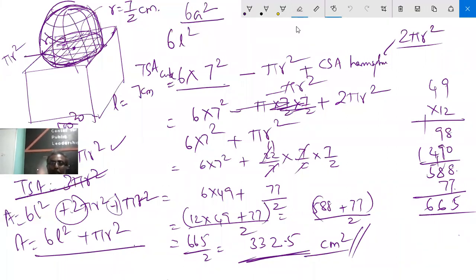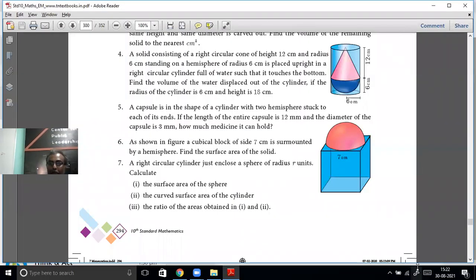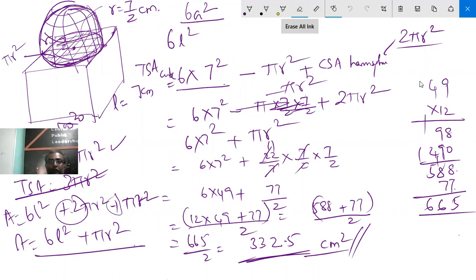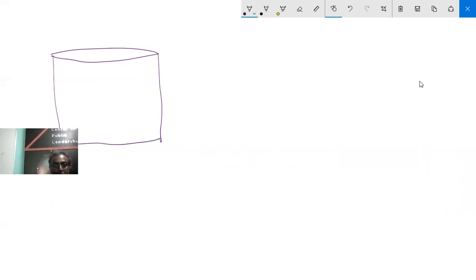It's not working, what happened? It's taking slow. A right circular cylinder is enclosing exactly inside it a sphere.